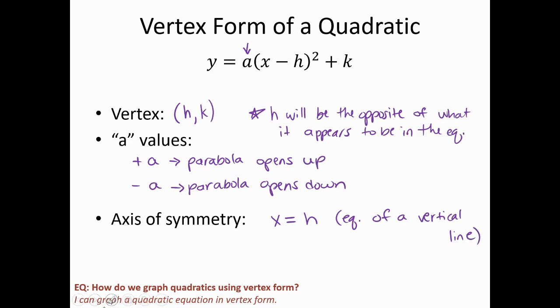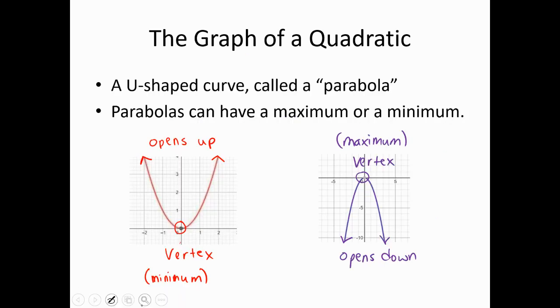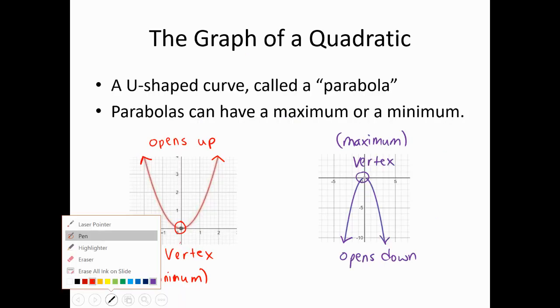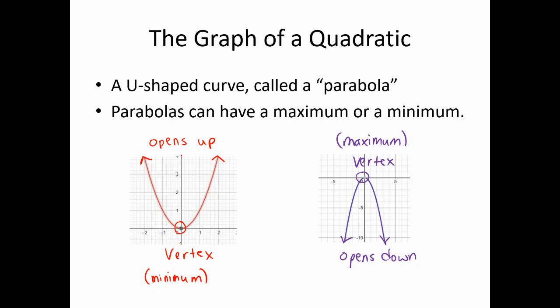All right, so I am going to go back, and we can look at where the axis of symmetry would be. In these graphs, the axis of symmetry is the vertical line that divides your parabola in half, right through there.